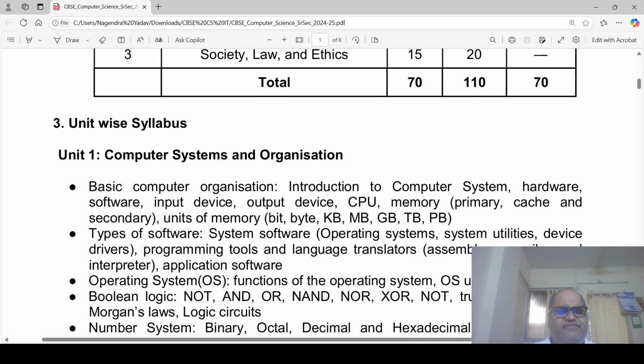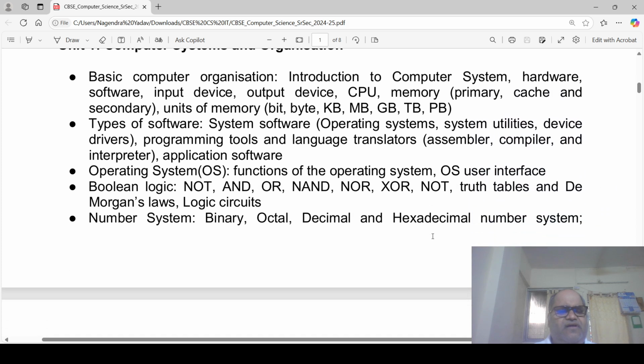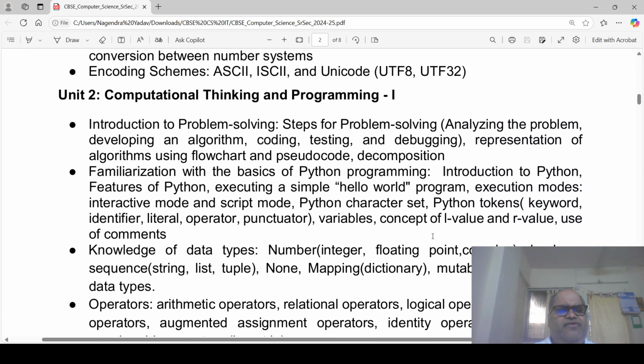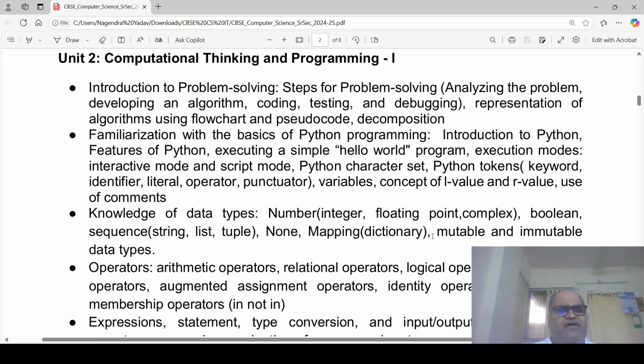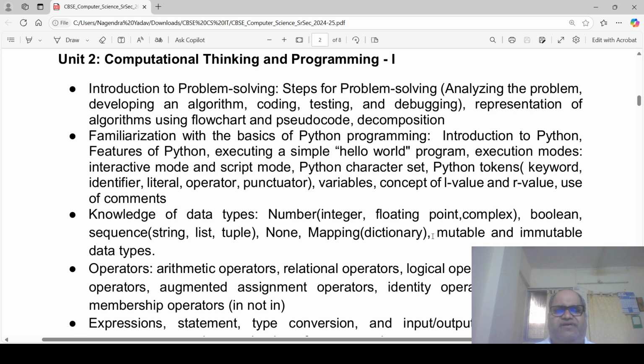So from that perspective, in your computational thinking and programming, the first few topics are more about making you aware of some terms. You can see here: algorithm, coding, testing, and debugging.